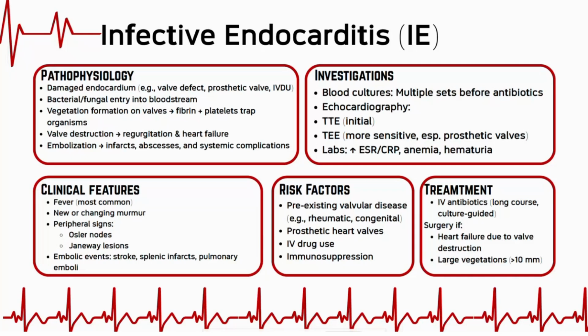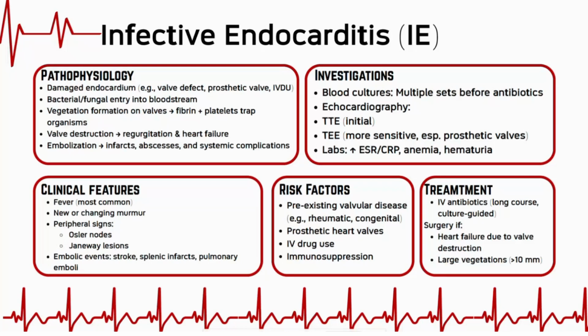So just remember, when you think about it later, the key things here: we have damage to the endocardium through turbulent blood flow. We have a localized area with more platelets and fibrin.